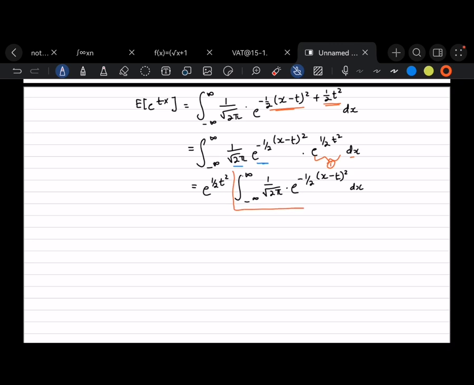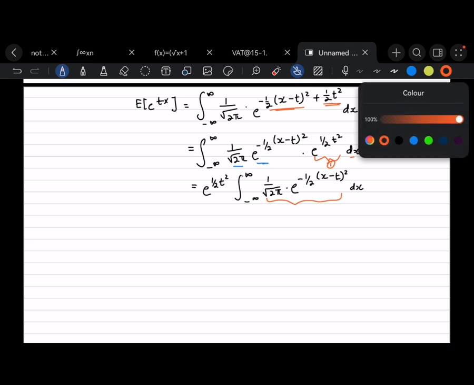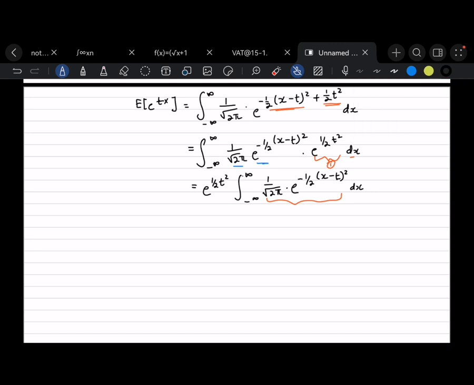Okay, so now if you look at this integral, let's say you look at this part excluding the dx, if you only focus on this part, you realize that this is a PDF of a normal distribution with a mean t and the variance 1.